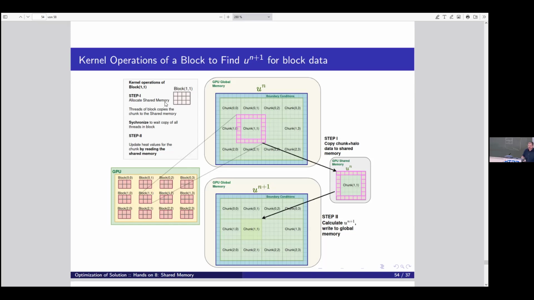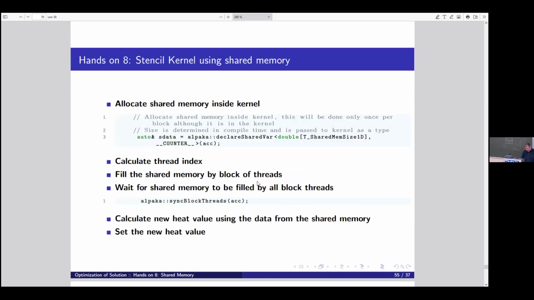If one thread in a block creates the shared memory, then the other threads are not going to overwrite it. And we are going to wait for all threads in the block to copy the data to the shared memory. Then we will start computing the next heat values. This is the idea.